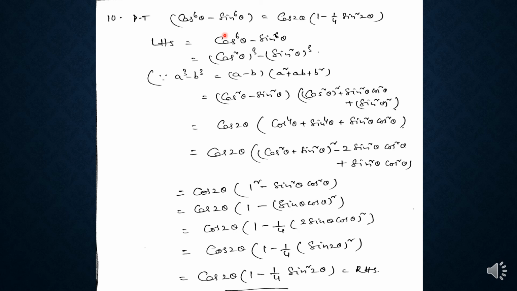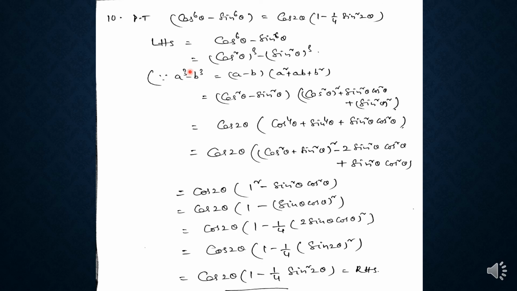That can be written in a cube minus b cube form, where a is equal to cos square theta. Here cos to the power of 6 theta can be written as cos square theta whole cube minus sin square theta whole cube. So this is in the form of a cube minus b cube, where a is equal to cos square theta and b is equal to sin square theta. So what is a cube minus b cube?